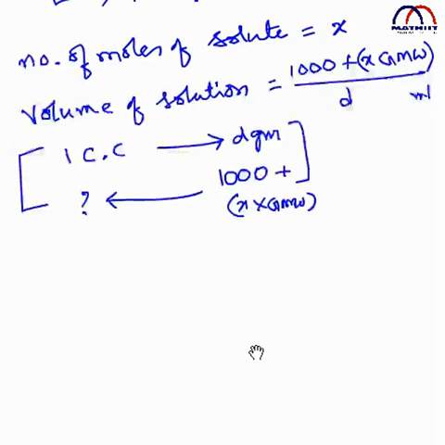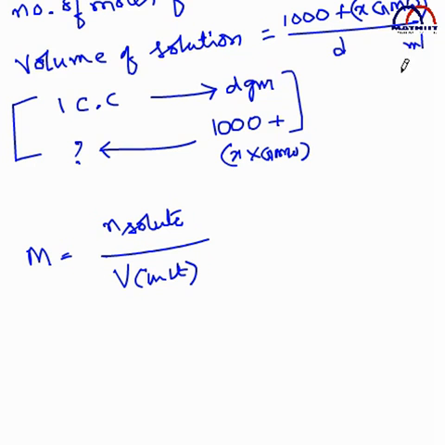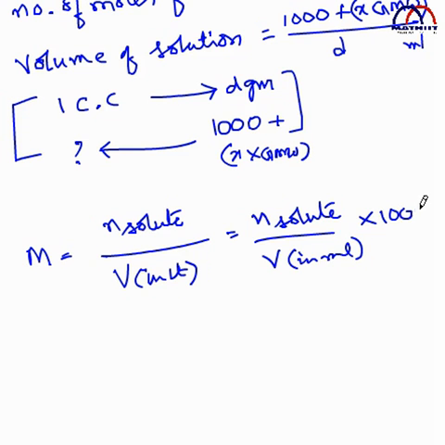Let us use the basic formula to calculate the molarity. Molarity is equal to number of moles of solute by volume of the solution in liters. But here the value is in milliliters. That is why I can write number of moles of solute by volume in milliliters, and you should multiply this with 1000.